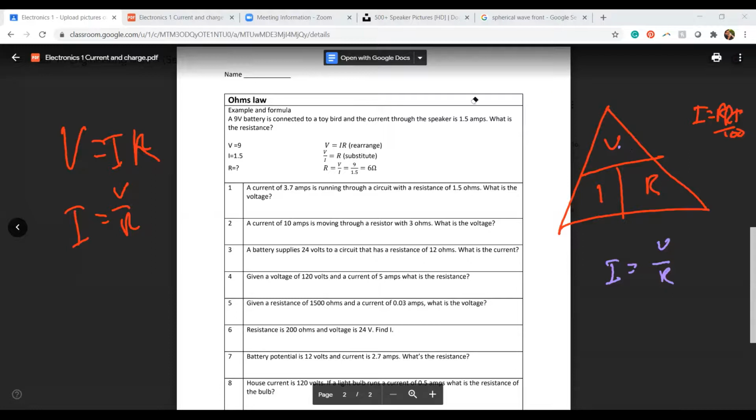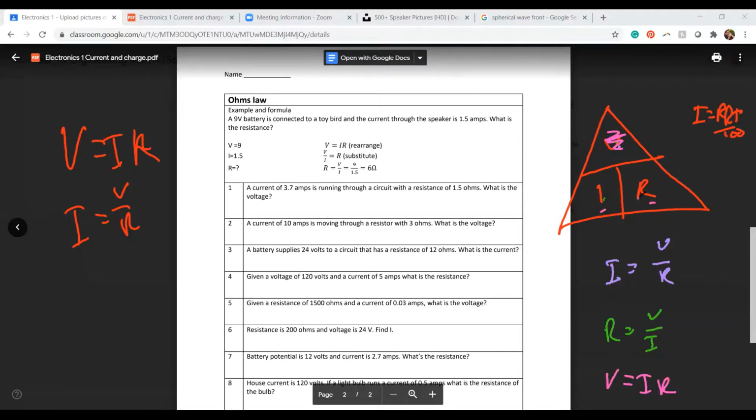Let's say you want to calculate R. So you cover up the R, and R equals V over I. And if I want to calculate V, which is the easiest one, it's still important to do, you would cover up the V. You've just got I and R left. So V equals I R.